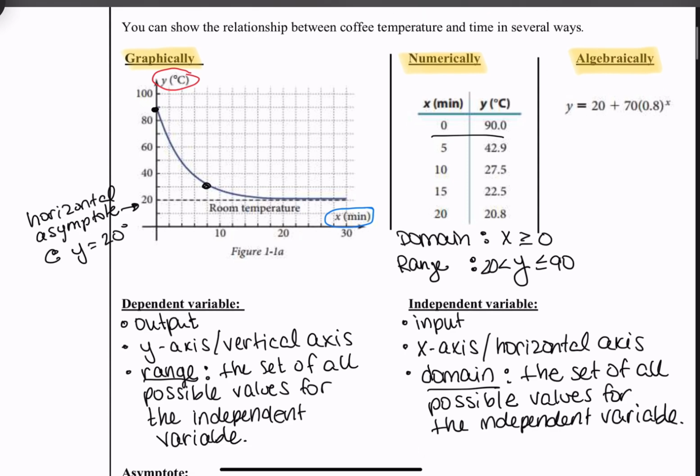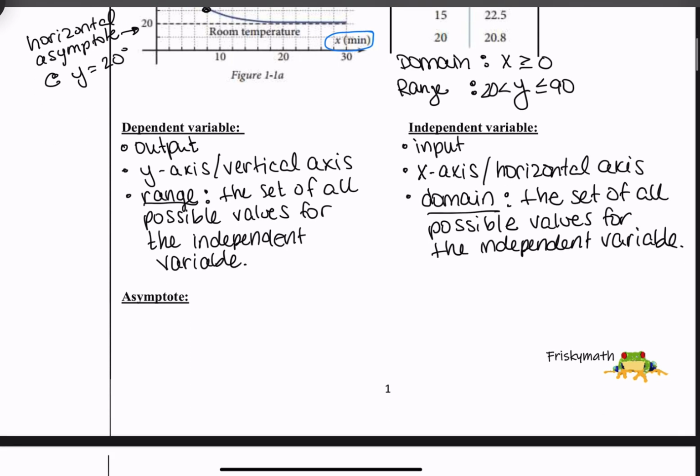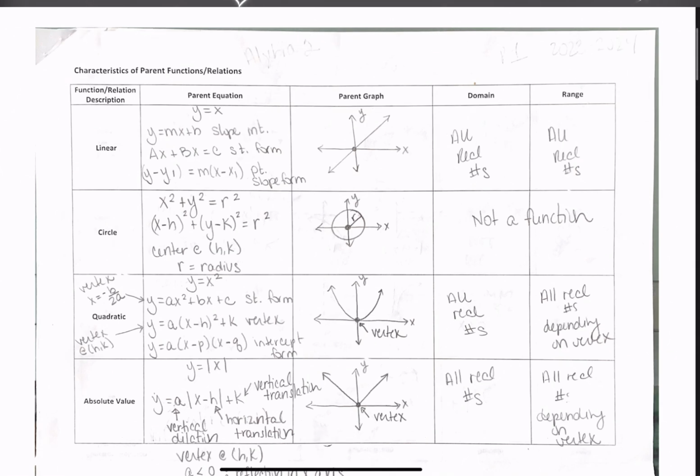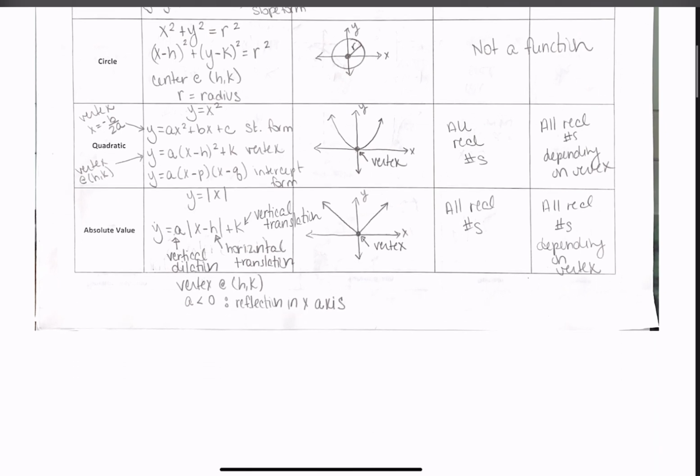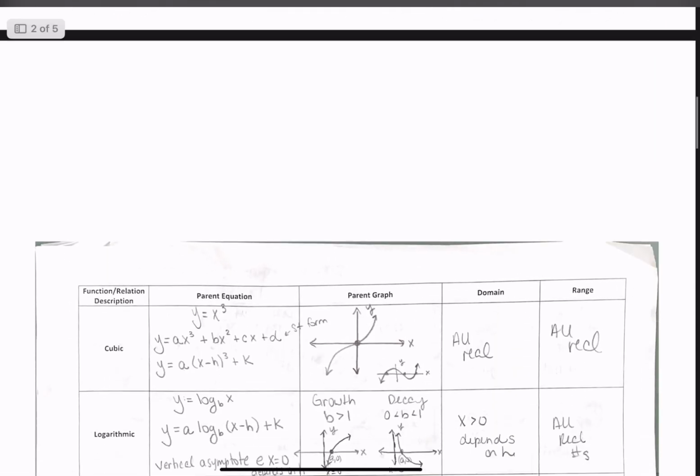Which brings us to our next vocabulary word, which is an asymptote. Now, we saw a lot of asymptotes last year. So I've just pulled out my parent functions, which hopefully you have, and if you do, you should also pull those out. On this first page, I don't see any asymptotes. Moving on to the next page, I've got logarithmic and exponential functions, and both of those had asymptotes.